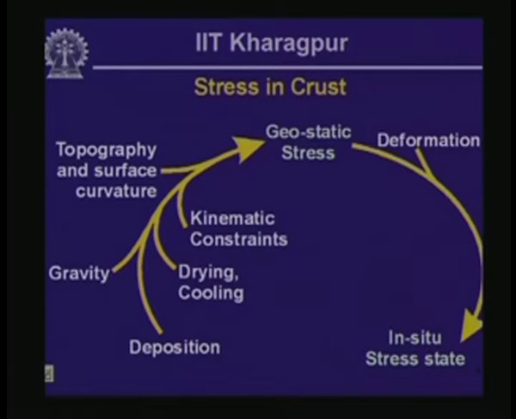Now, the state of stress that develops in this manner is called geostatic stress, because the development is a result of a quasi-static process, and no movement of masses of rock is involved. So, let us consider all these aspects one by one.